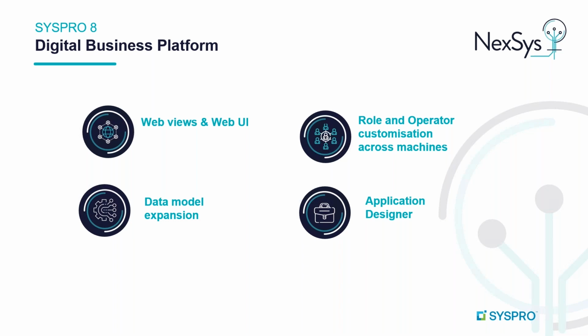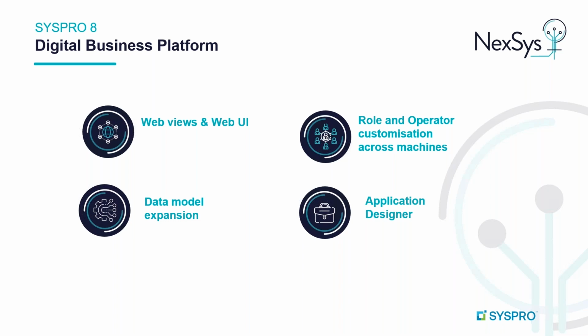In fact, the application designer is something that SYSPRO developers use in-house when they're building new functionality, adding that into SYSPRO itself. So it's native to our platform. That tool set is also available to you as an end customer to start designing screens and even building programs that your end users can engage with.